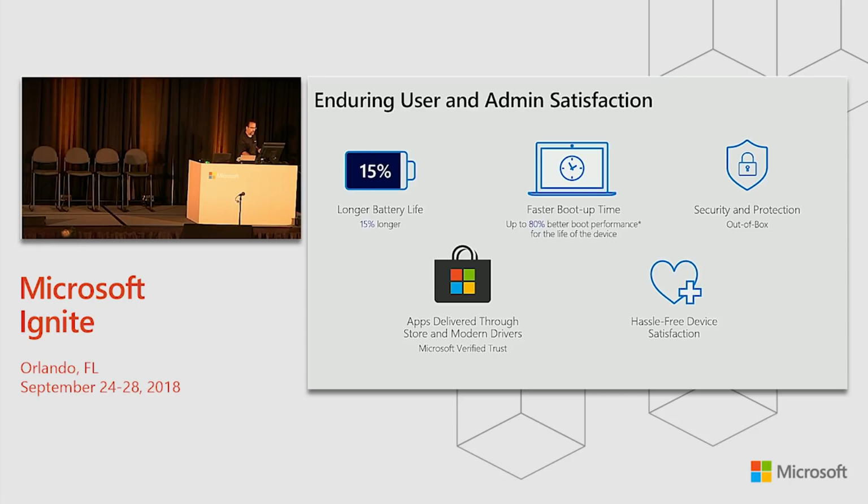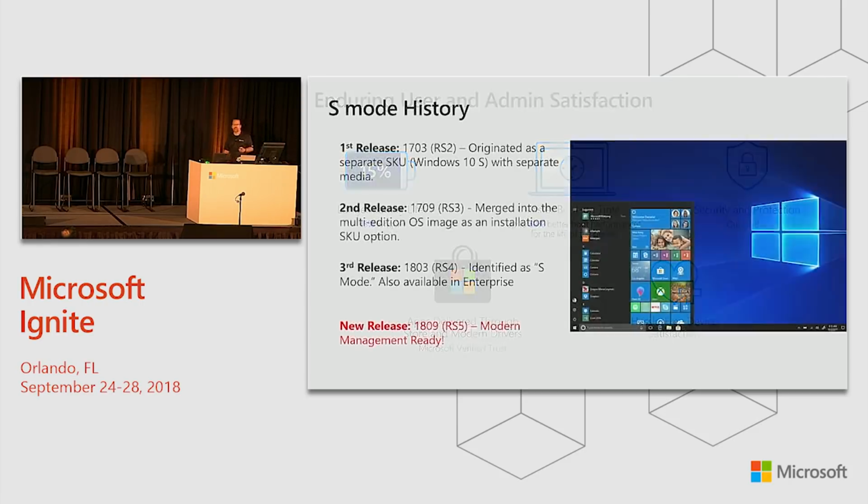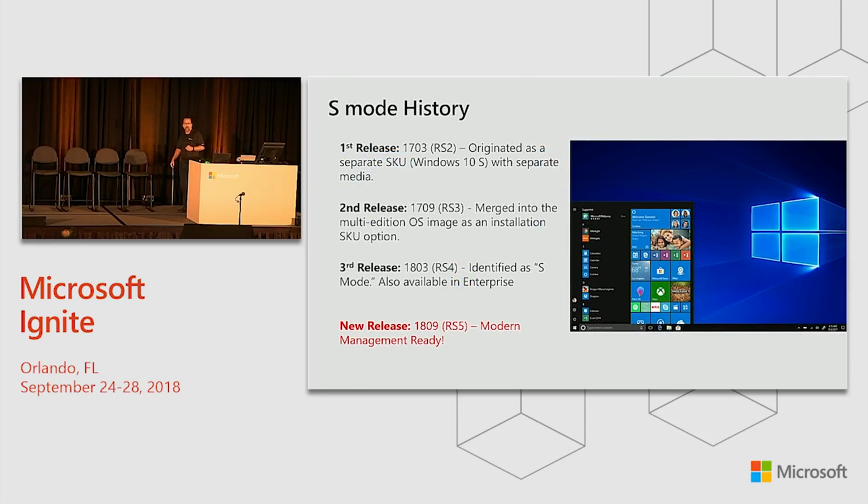Now, you've read a lot, probably, over the past year, year and a half, about what is now called Windows 10 S Mode. So let's just walk through the history real quick so we are all on the same page.